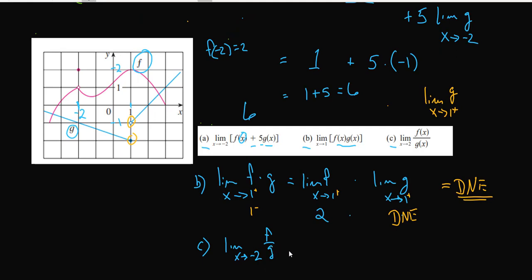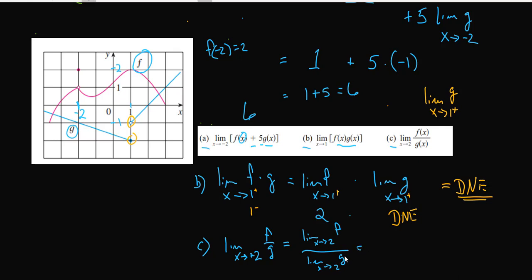Okay, now we have this last one, C, as x approaches 2. The limit of f over g. So we can write this as the limit as x approaches 2 of f over the limit as x approaches 2 of g.